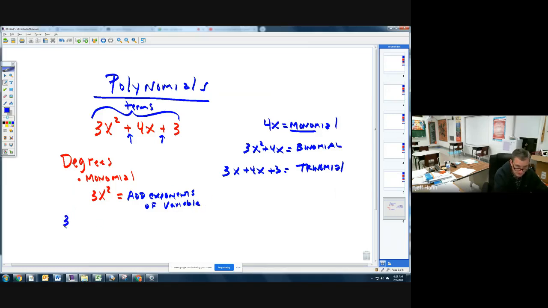So 3x squared has a degree of 2. It's a 2nd degree monomial.